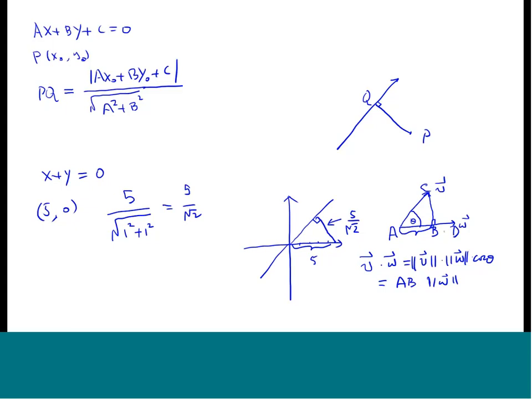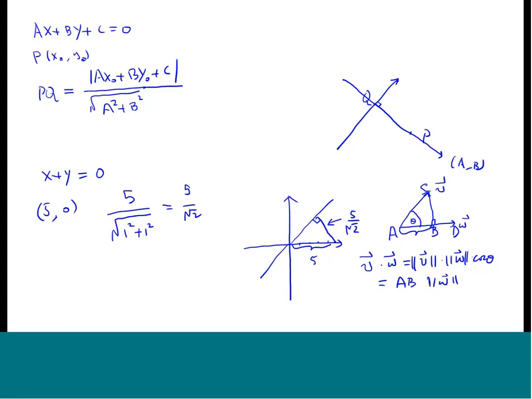Okay, here's the thing. Here is how we see it. So this is the line, and this is the direction AB. The vector AB actually stands for the direction perpendicular to that line.